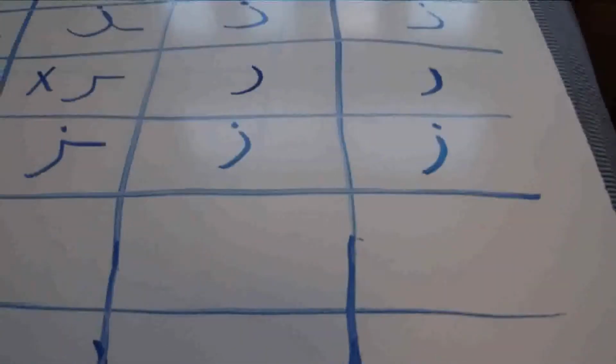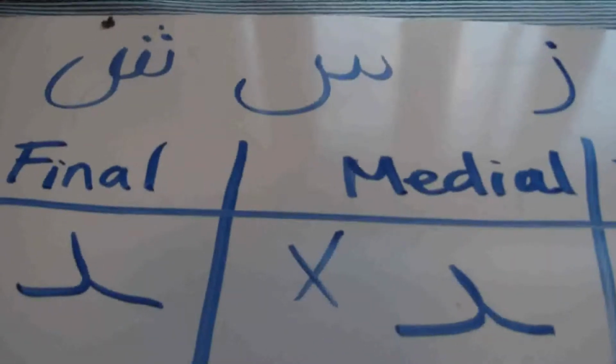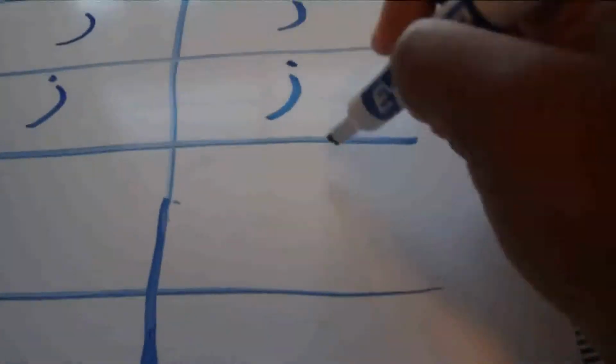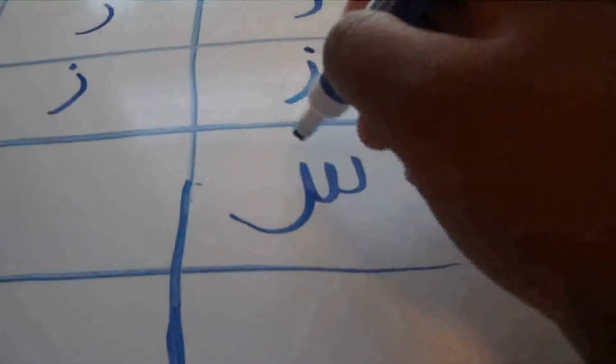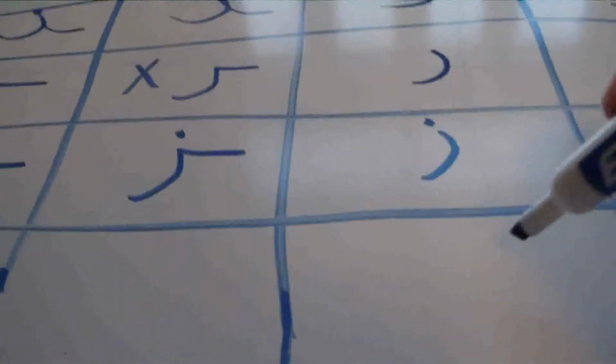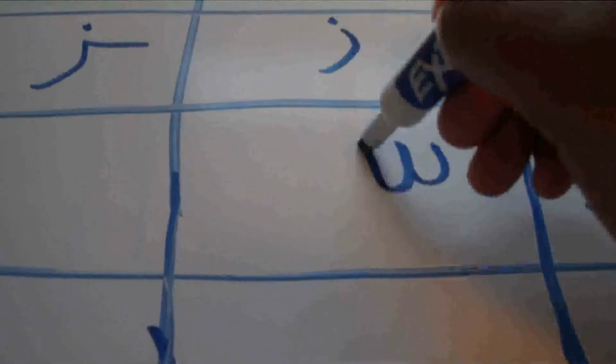Next, let's move on to the Siin. This makes the S sound, or the sound that the S makes in the Roman alphabet. It's the one we use in English. Siin looks like this when isolated. So it's kind of like a W with a little swooping hook at the end. So in its initial form, the Siin is going to look like this.